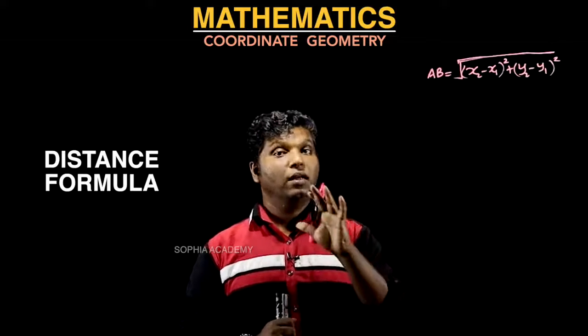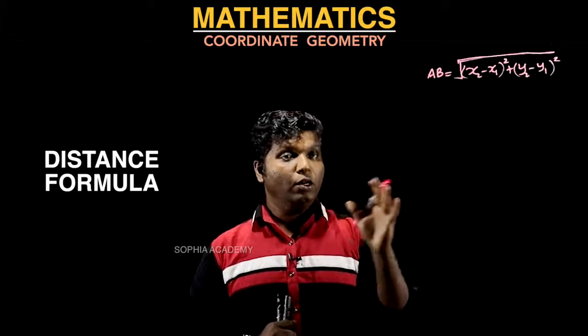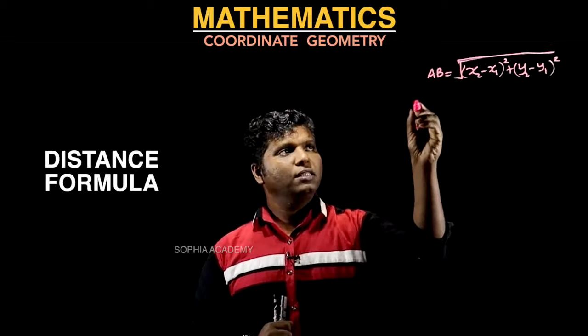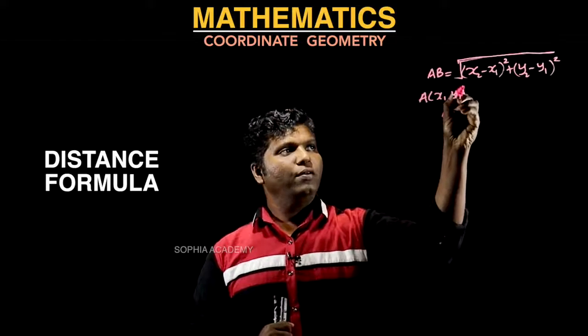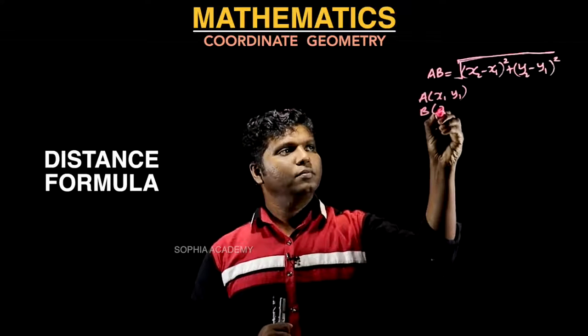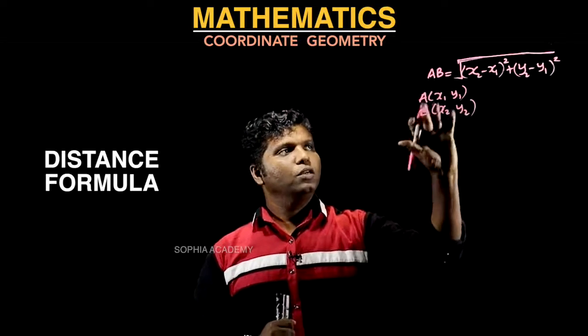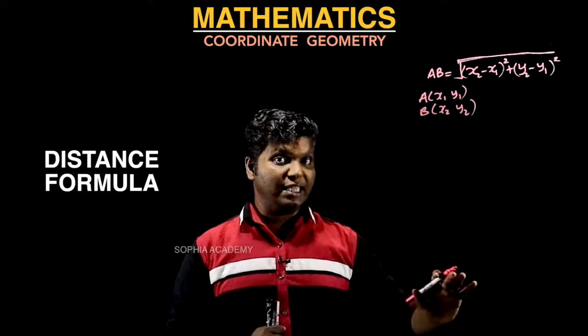If you want to find the distance between two points, just take the point A as (x1, y1) and B as (x2, y2), and by using this formula you can find the distance between them.